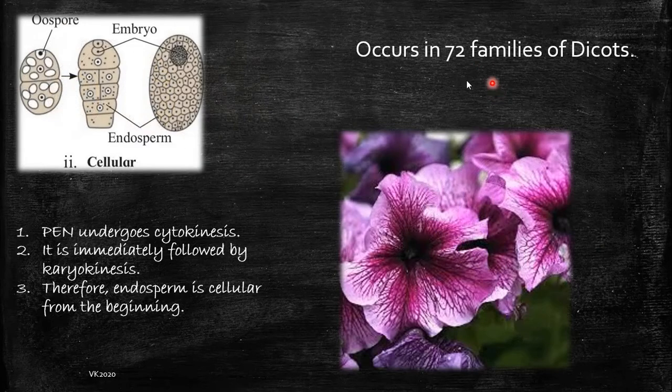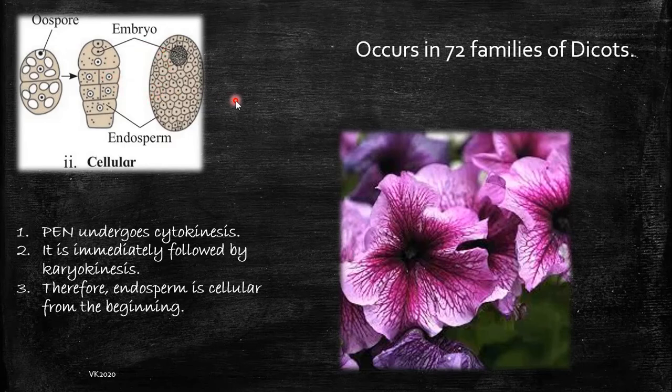The second type is the cellular endosperm. In this, if you see, each division ends in cell wall formation. It does not stop at nuclear division. So as soon as the cell starts dividing, it forms various cells, and hence it becomes a multicellular structure in no time. From the beginning, it is a multicellular structure.